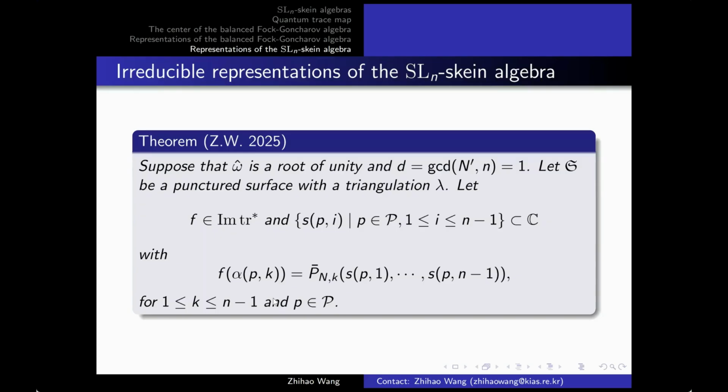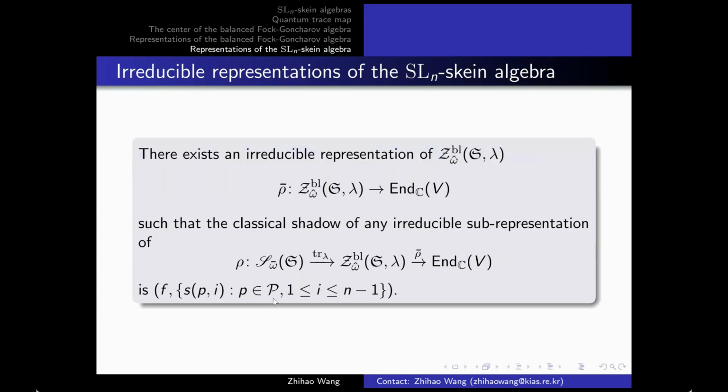So if so, then we can find an irreducible representation of the balanced Fock-Goncharov algebra, rho bar, such that the classical shadow of any irreducible sub-representation of this rho. So what is rho? Rho is the combination of this guy. First, this is the quantization map. This is rho bar.